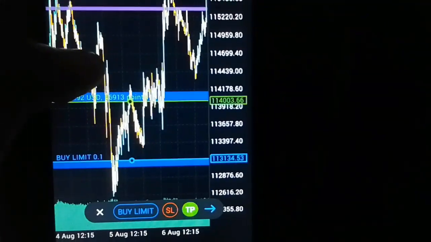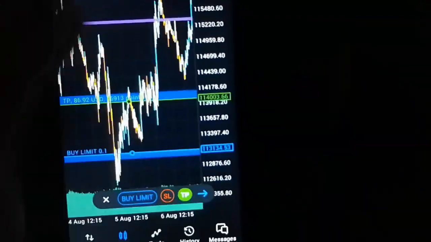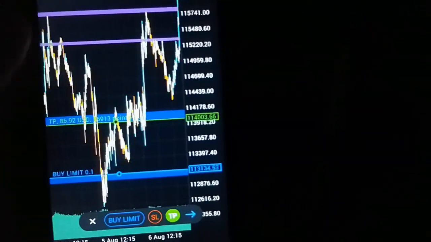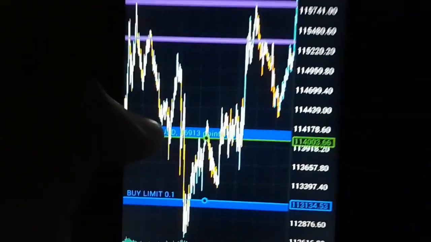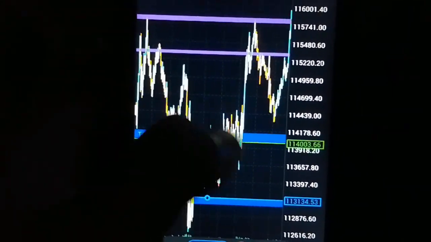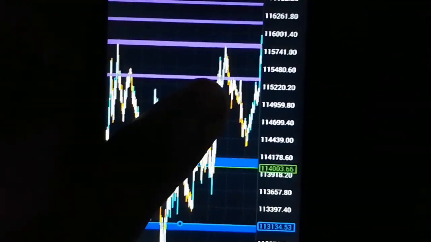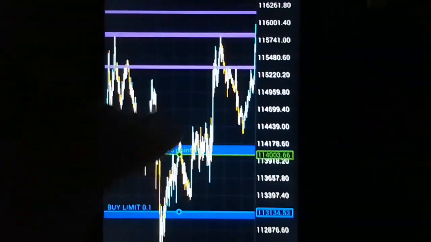But this is the lowest time frame. At the higher time frame, it was just a rejection, meaning two candles. This was a bearish candle, and then this was a bullish candle.